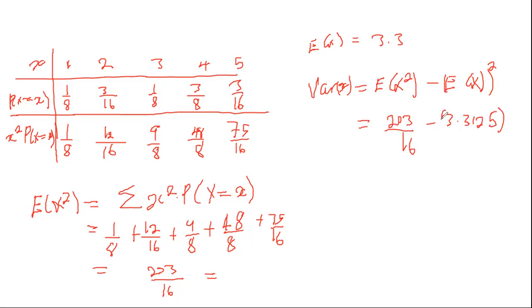So what would be 203/16 minus 3.125 squared?